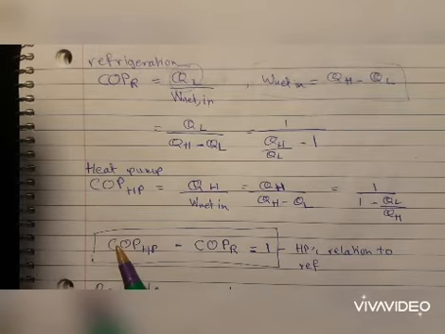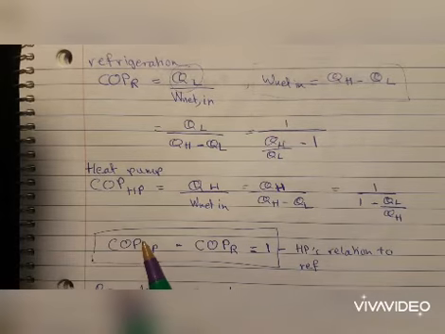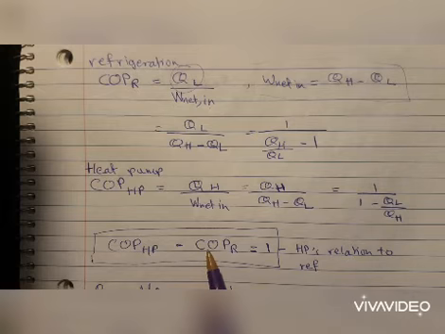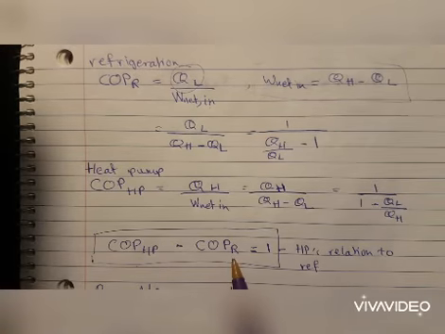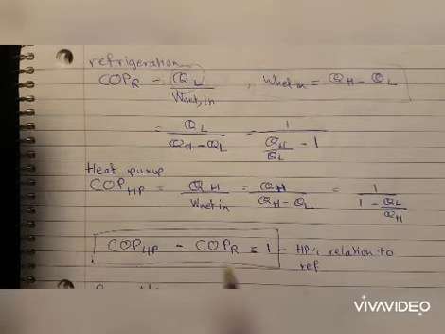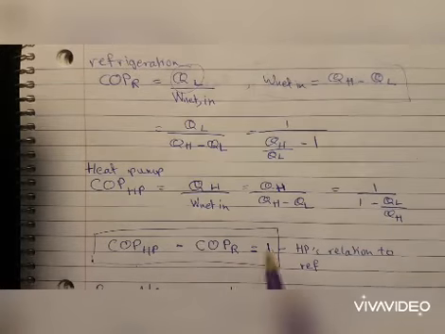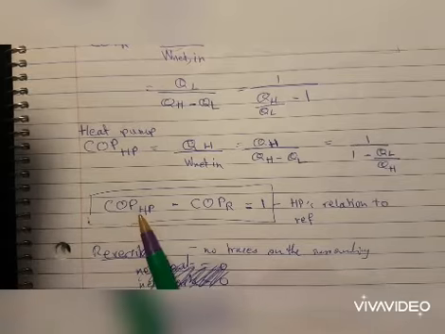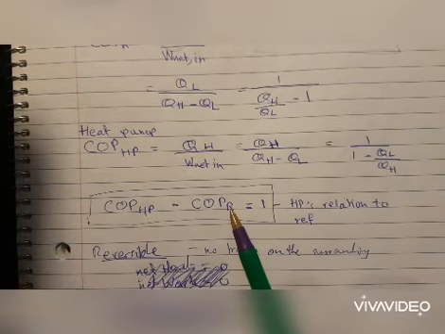And how they're connected is that the coefficient of performance of the heat pump would always be the coefficient of refrigeration plus 1. So the heat pump and refrigeration cycles are both connected.